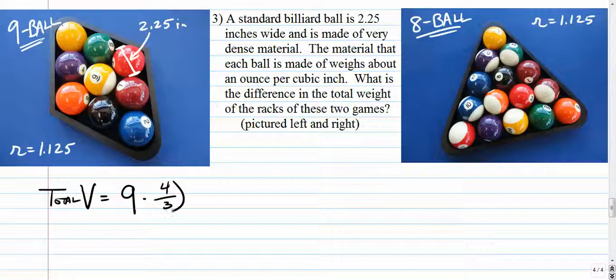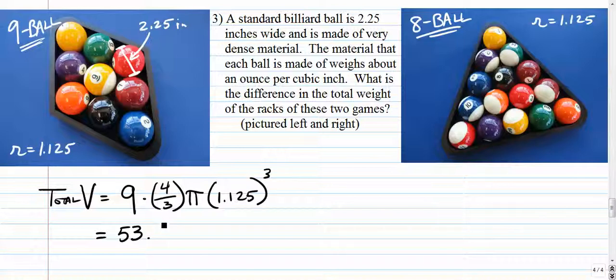The volume of one of those billiard balls is 4/3 pi r to the third power. The radius we just said was 1.125. So I'm going to take 9 times 4/3 times pi times 1.125 to the third. And that is the total volume of a rack in 9-ball.